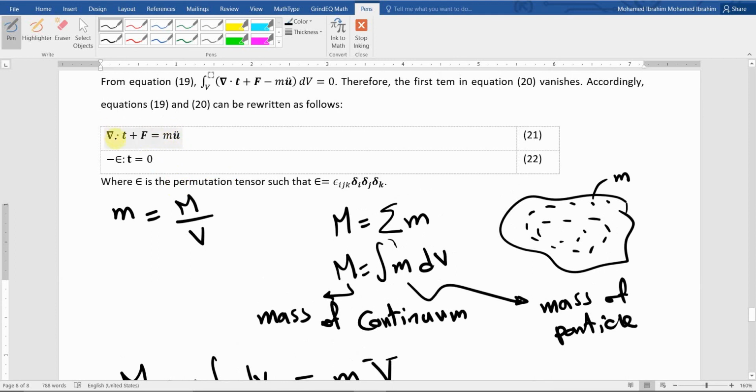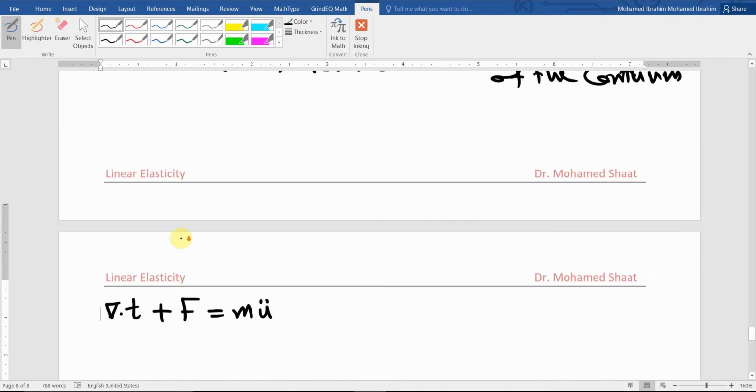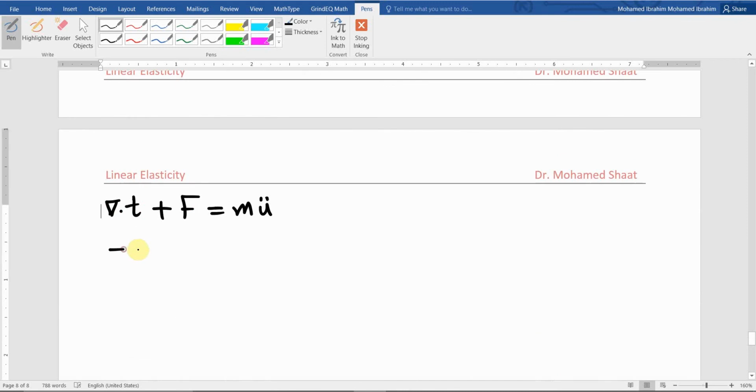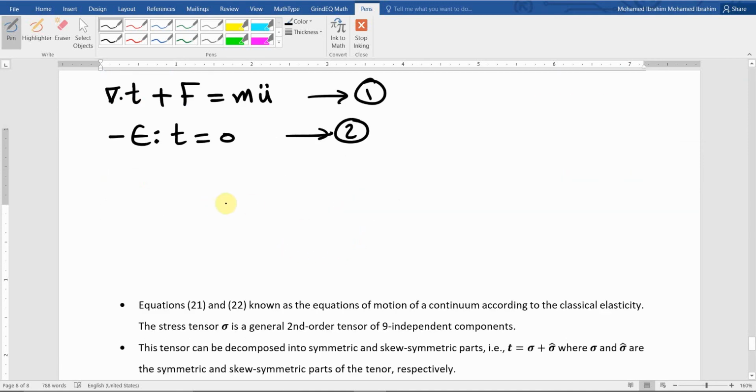So we're gonna have nabla dot T, this is the stress tensor, and this is the divergence of the tensor, plus the body force equals mu double dot. And the second equation is negative epsilon double dot T, which is the stress tensor, equals 0, right? So this is the first equation, and this is the second equation of the dynamic equilibrium of the continuum.